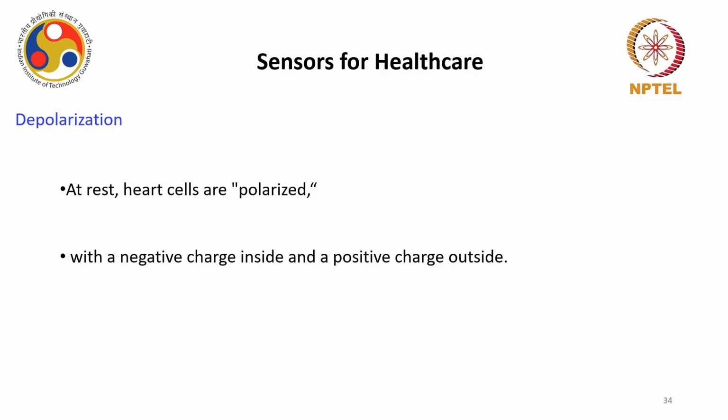Before we understand the charge state of the heart, we have to understand that at rest the heart cells are polarized, with a negative charge inside and positive charge outside. So inside these heart cells you have a negative charge and outside it is positive, and that's how we call it polarized even at rest state.